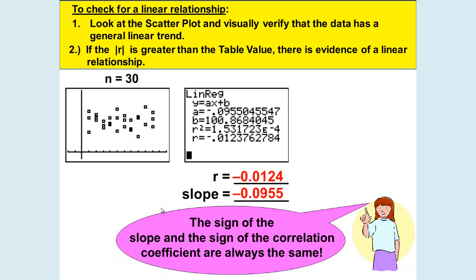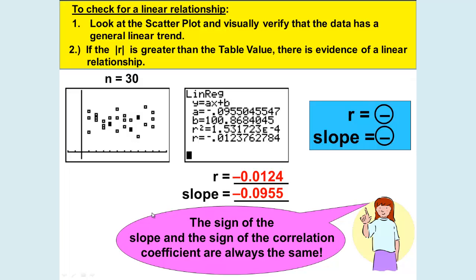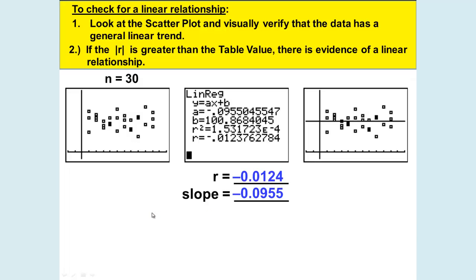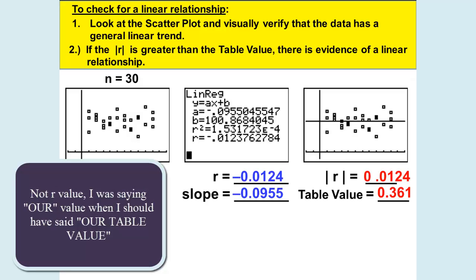The sign of the slope and the sign of the correlation coefficient are always the same. R is negative, the slope is negative. We have a line going through our data, and the absolute value of R will be 0.0124, and the table value at n equals 30 remains 0.361.